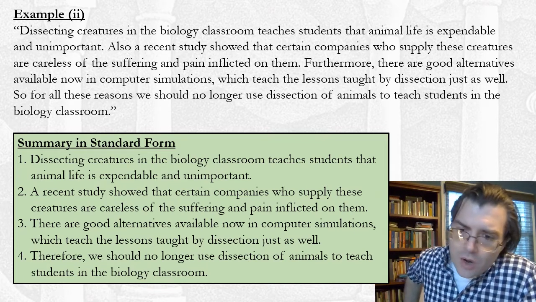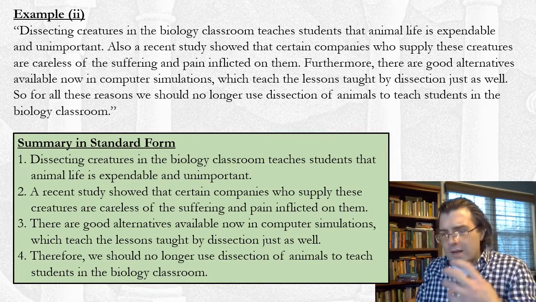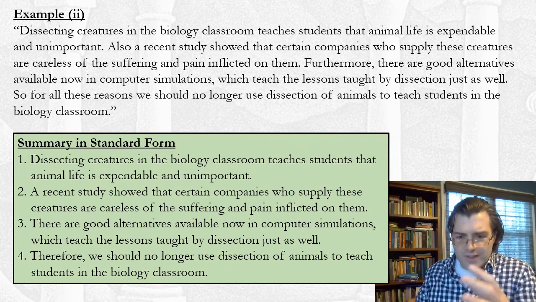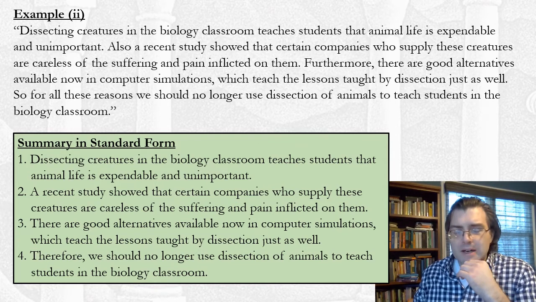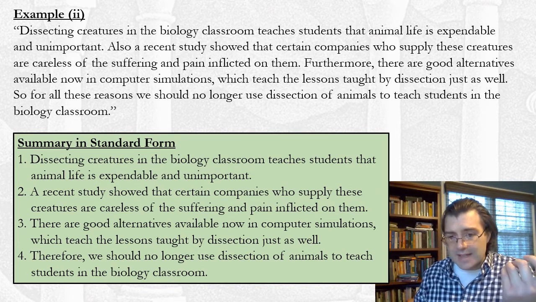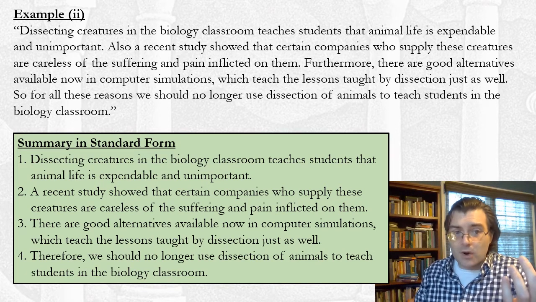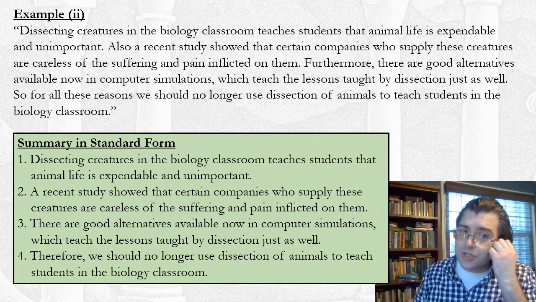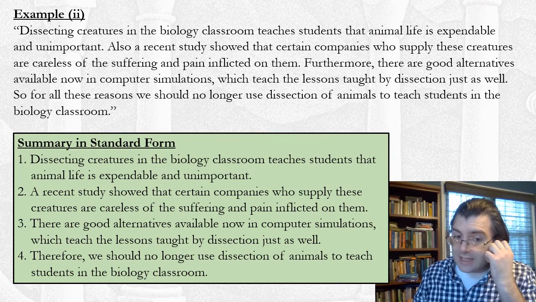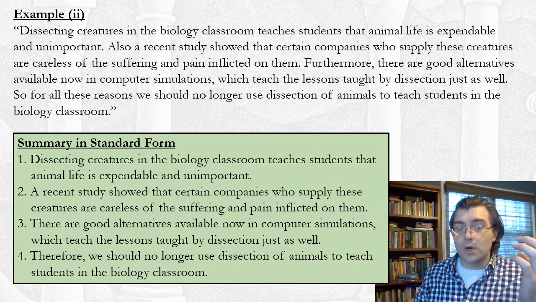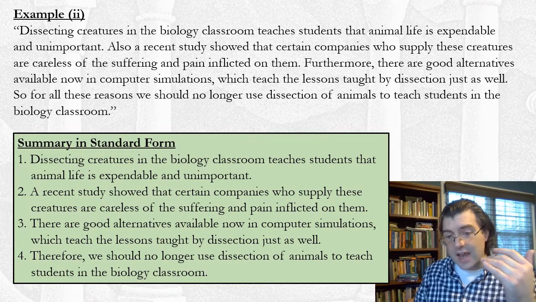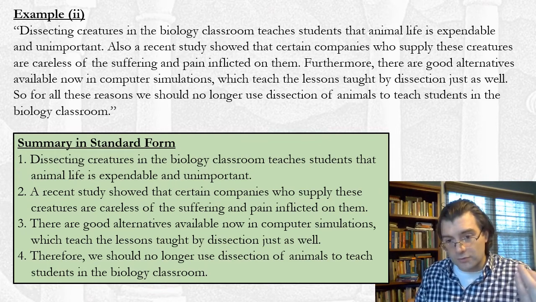What is the one main takeaway that they want us to be convinced of by everything else that they say? In this case, it is basically a version of the last sentence in the paragraph, which is, we should no longer use dissection of animals to teach students in the biology classroom. That's the claim that's being argued for most of all in this passage, and everything else in the passage is intended as evidence or support for that claim.